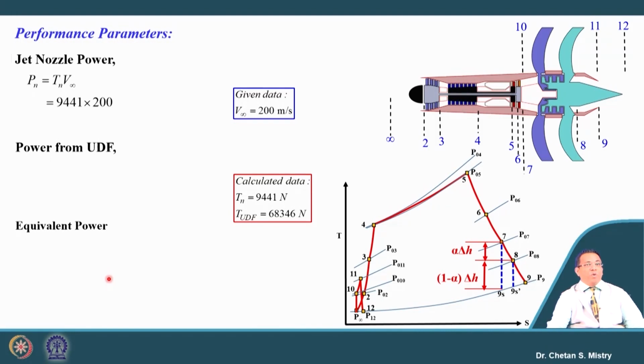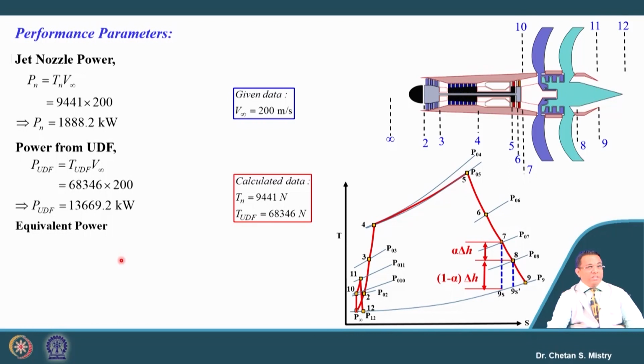This thrust value we have calculated, it is 9441 into 200, and the power is around 1,888.2 kilowatt. When we calculate the power for the unducted fan, it comes to be 13669.2 kilowatt, that is nearly 13.66 megawatt. It is a huge power. Similarly, the power generated by the nozzle is 1.88 megawatt.